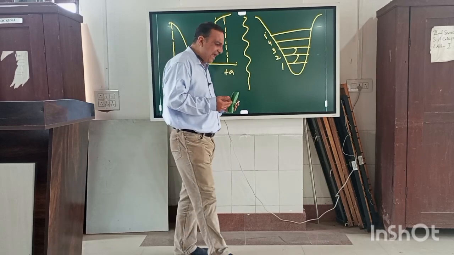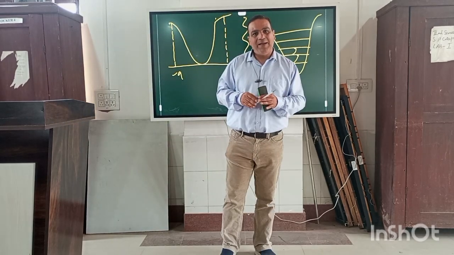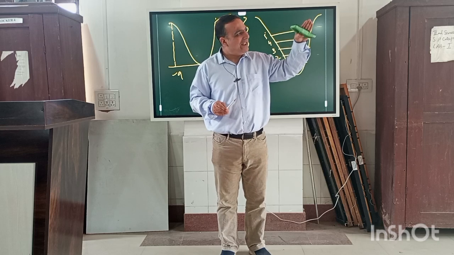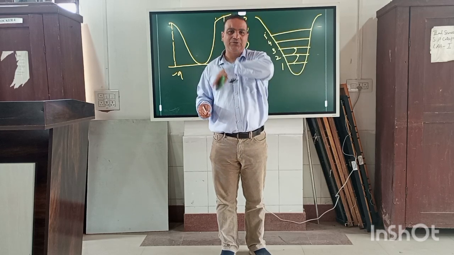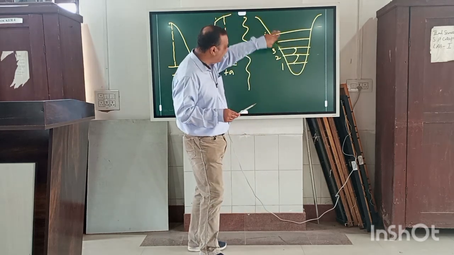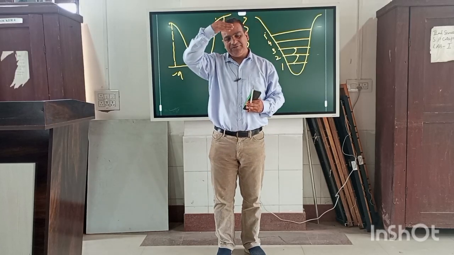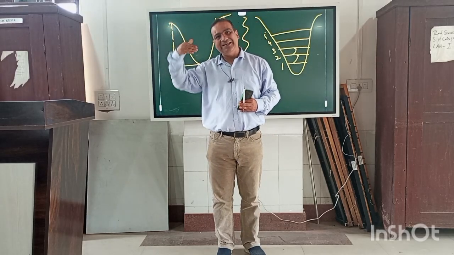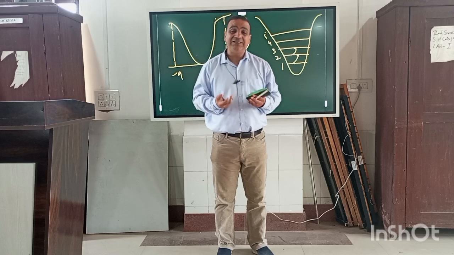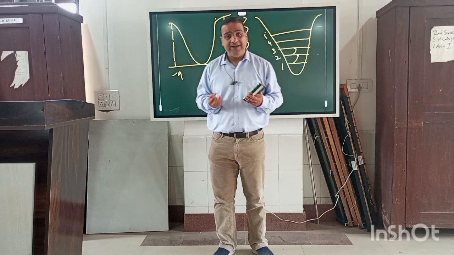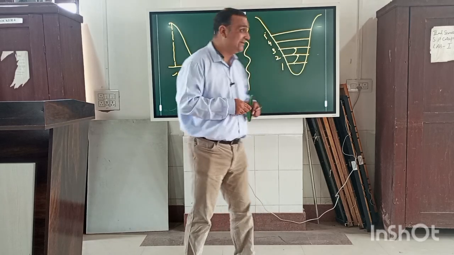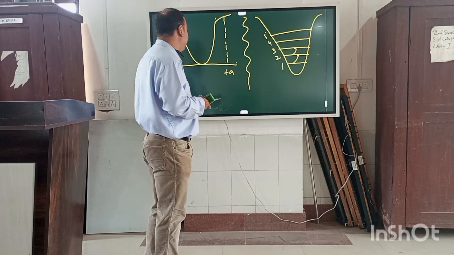But at the same time, if I take my quantum mechanical system and take the temperature to absolute 0, my quantum mechanical harmonic oscillator will still have a finite energy, what we generally know as the zero point energy.